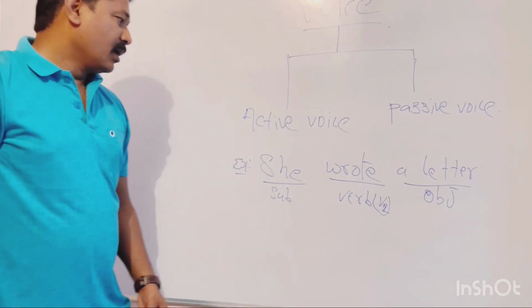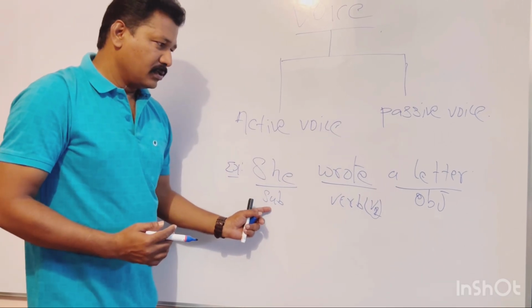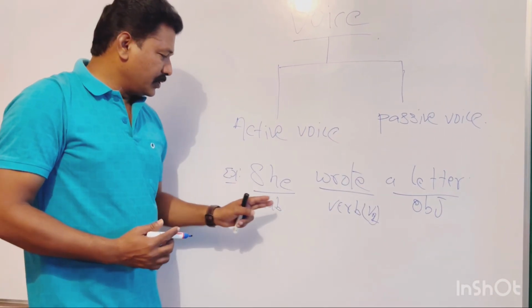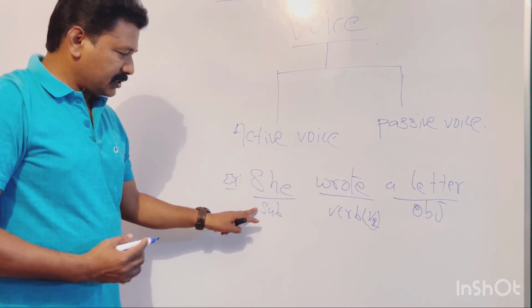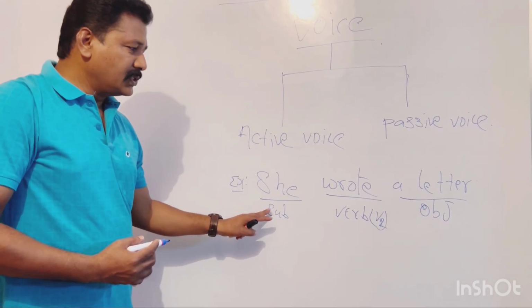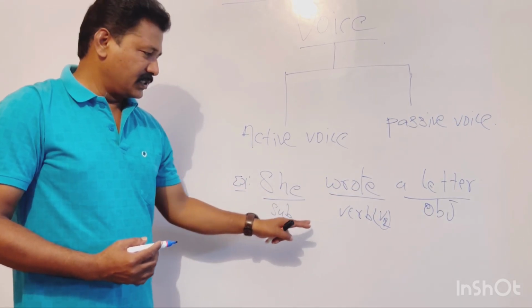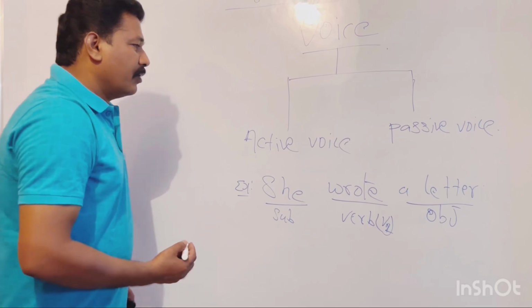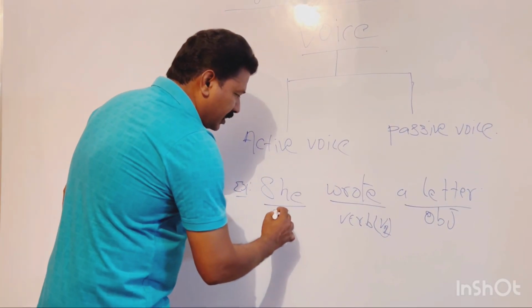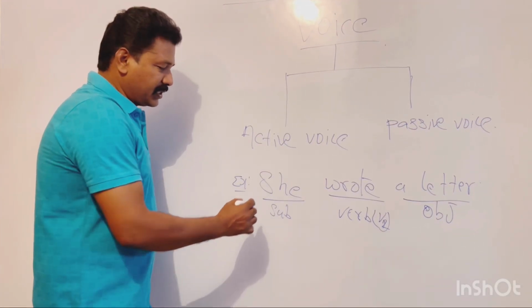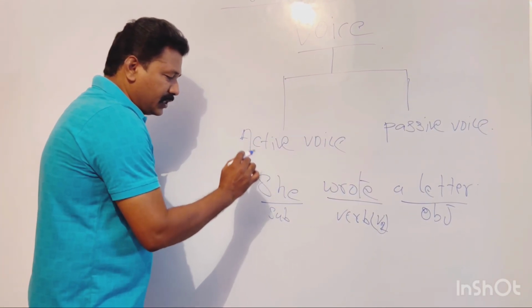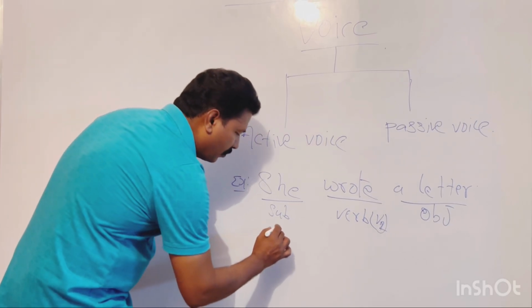Now let us see which is active, whether it is the subject or the object. Who is doing work here? The subject, she, is doing the work. What is that? Writing a letter, right? So the subject is doing some action, and that is why we say this sentence is in active voice.